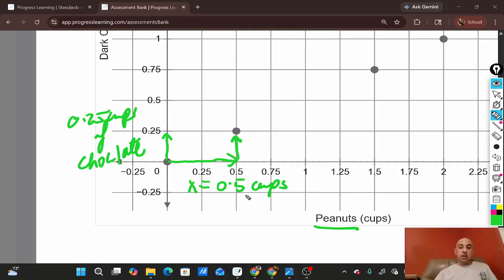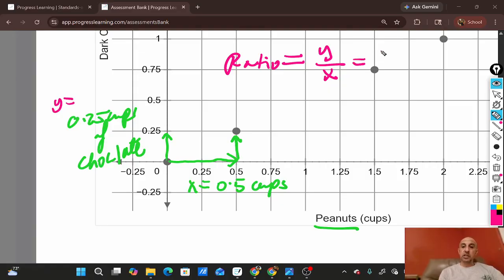If we remember, we said at the beginning that the ratio is equal to y over x. Here y is equal to 0.25, divided by x, which is 0.5.